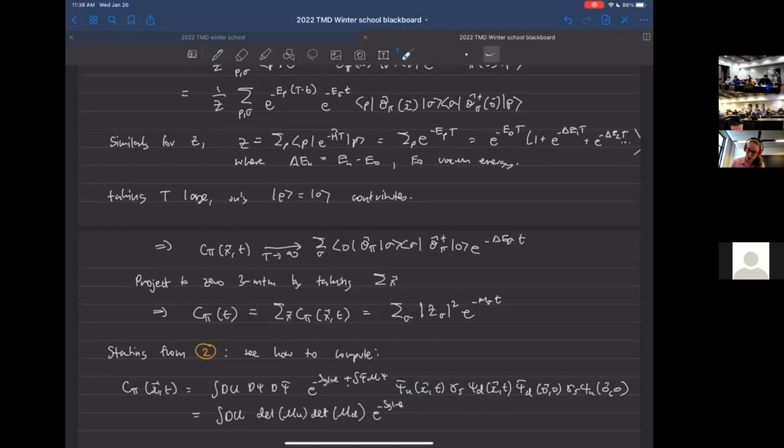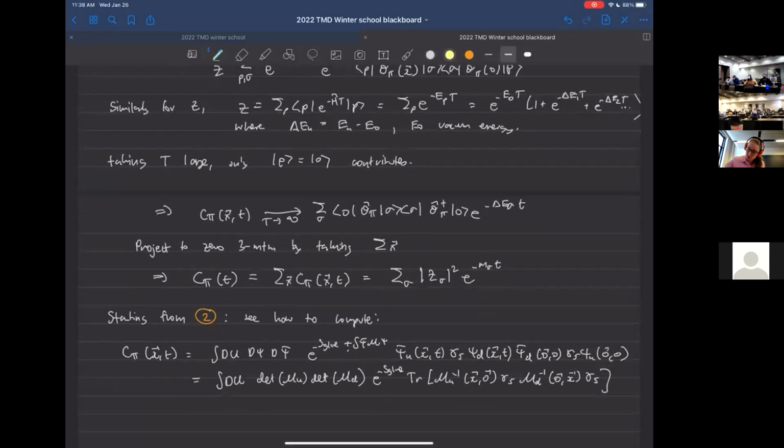So we'll have two quark propagators: the U quark propagator going from x to 0, and a D quark propagator going from 0 to x. So this thing, after integrating out the fermions, looks like a U quark propagator from x to 0, a gamma 5, a D quark propagator from 0 to x, and a gamma 5.